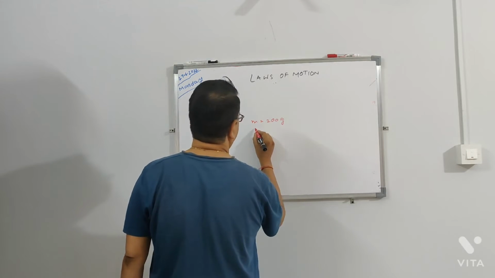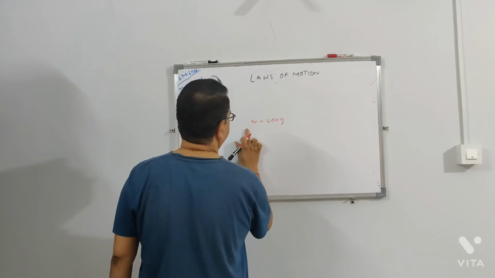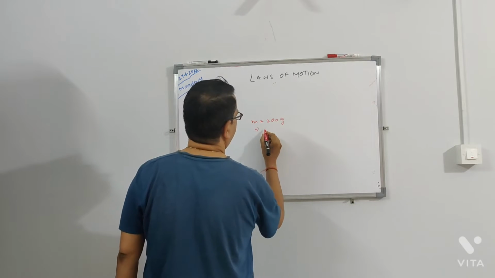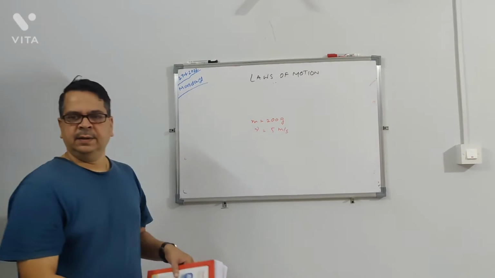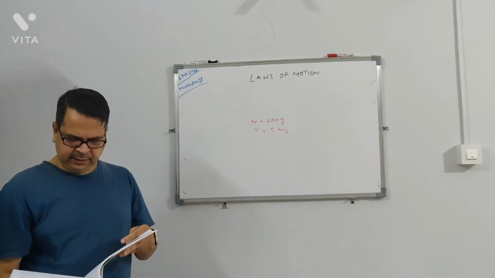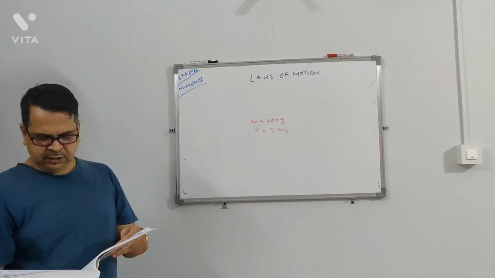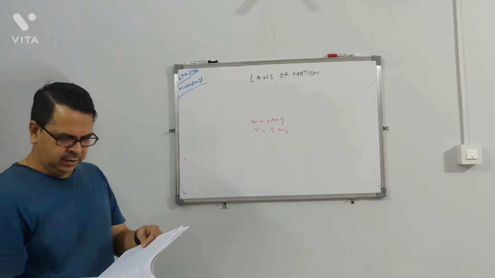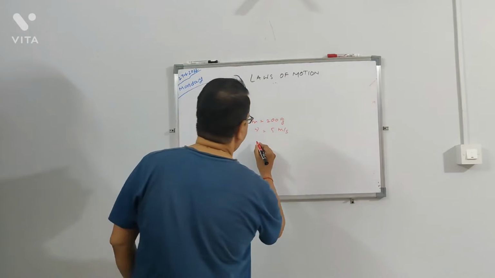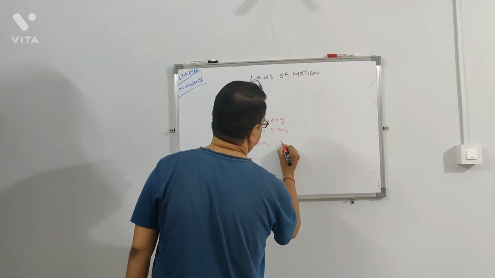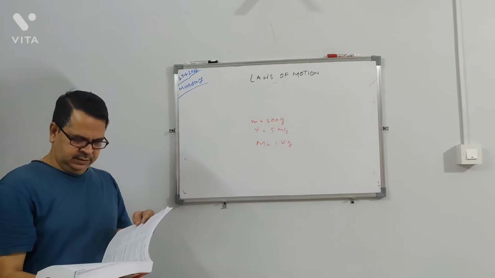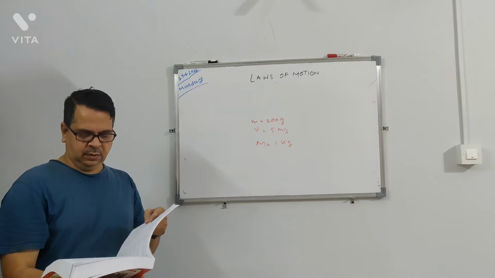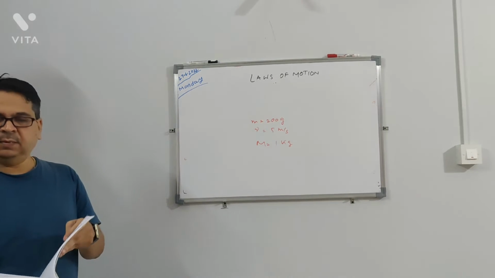So small v is equal to 5 meters per second. The gun is of mass 1 kg, so capital M is 1 kg. By what velocity does the gun rebound backward?